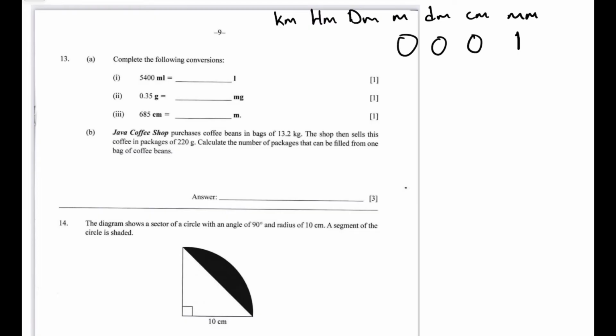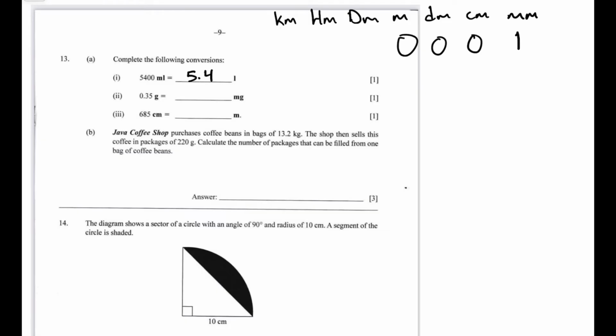And because it's 1,000, but the 1,000 is backwards, basically what we're going to do is divide the 5,400 by 1,000. And then that gives us 5.4 liters. And we know that our answer is correct because milliliters should be larger than liters, okay? Because it's in the milli.